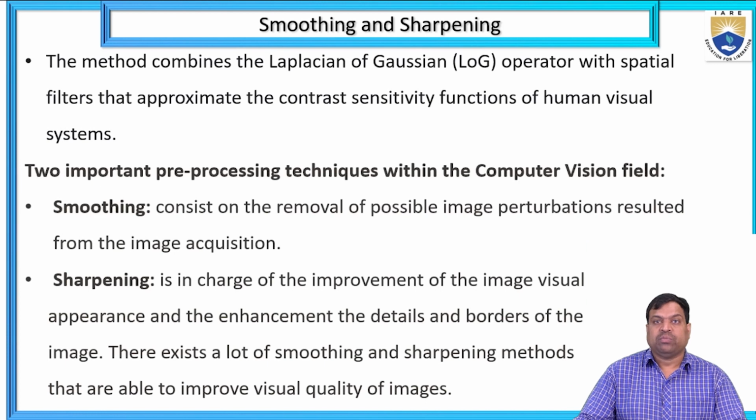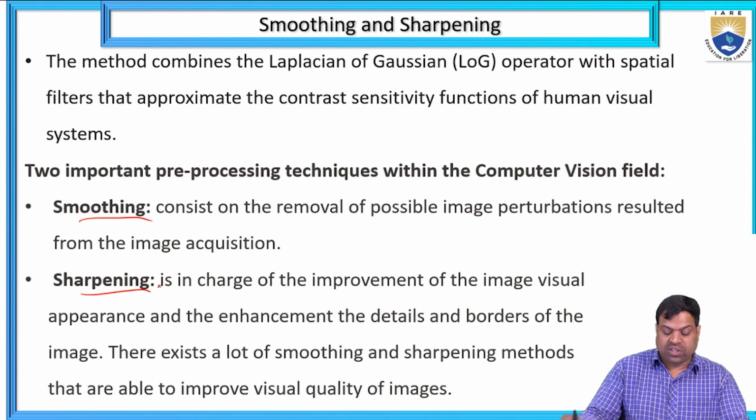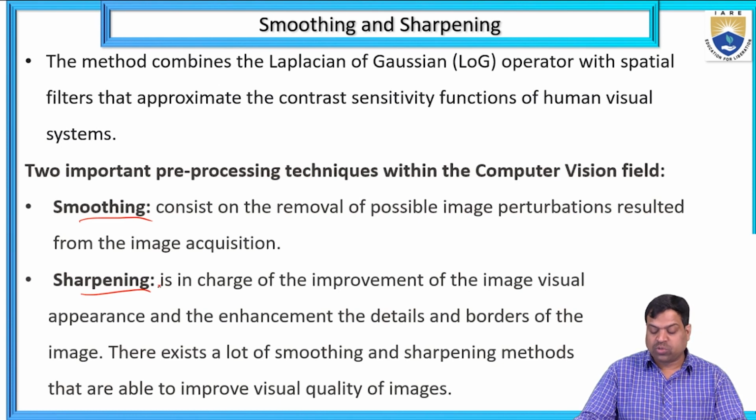This method combines the Laplacian of Gaussian operator with spatial filters that approximate the contrast sensitivity function of the human visual system. The two important pre-processing techniques in the computer vision field are smoothing and sharpening. Smoothing consists of removal of possible image perturbations resulting from image acquisition. Sharpening is nothing but improving the image visual quality, removing blurring in detail and enhancing the borders of the image.